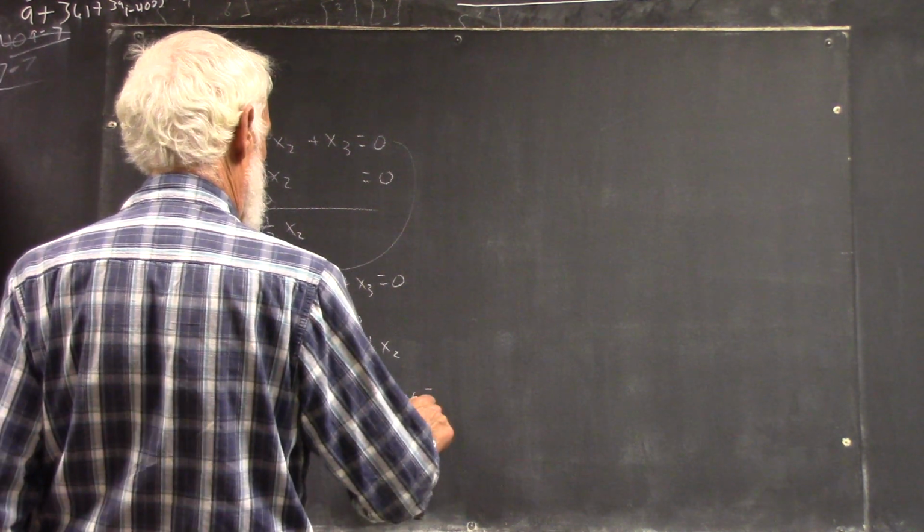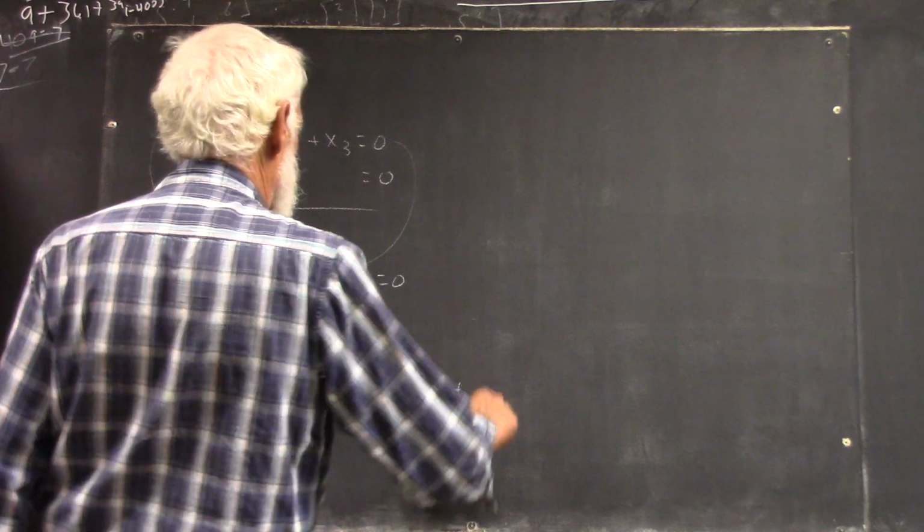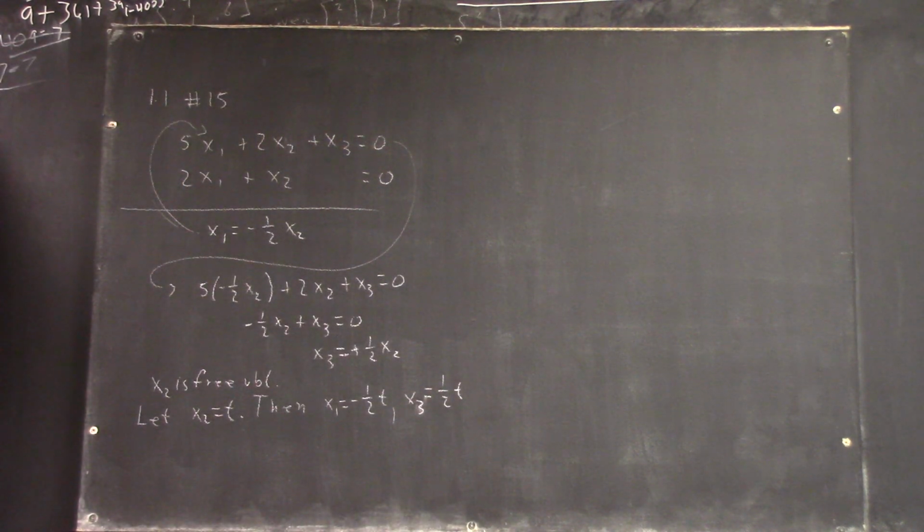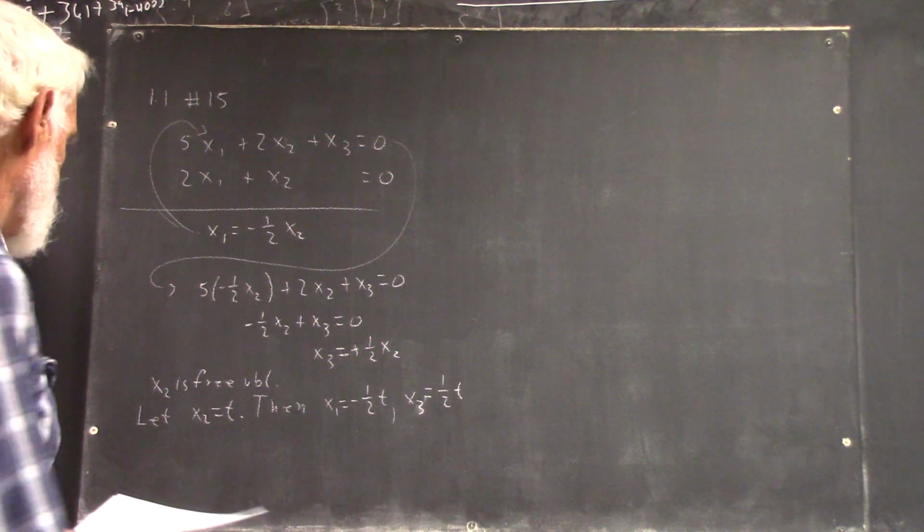Sorry, x3 equals 1/2 t, right? Makes sense now.